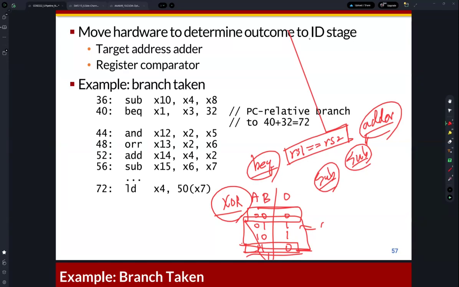Okay. So because our processor just supports BQ, we don't need to use the subtractor. Okay. And then we can just use the exclusive OR. Then how?